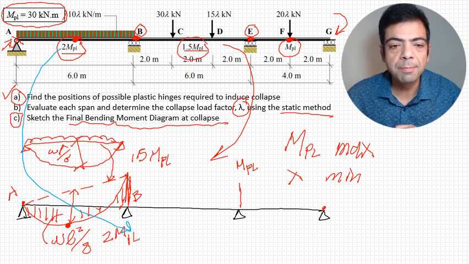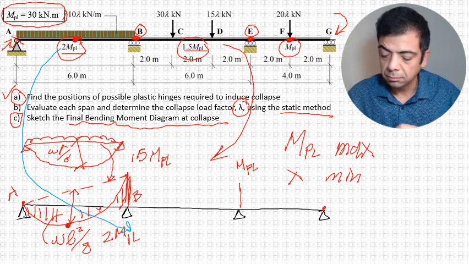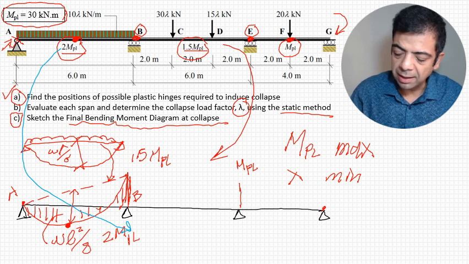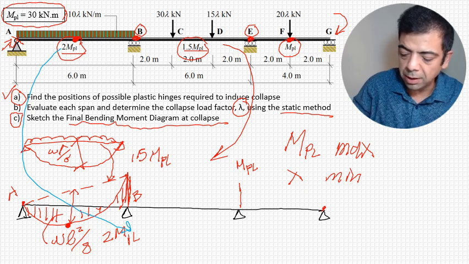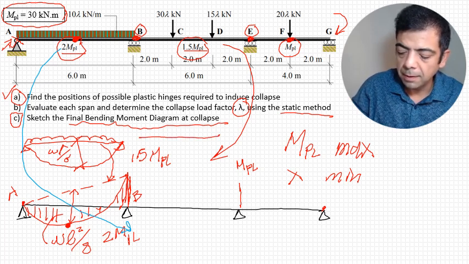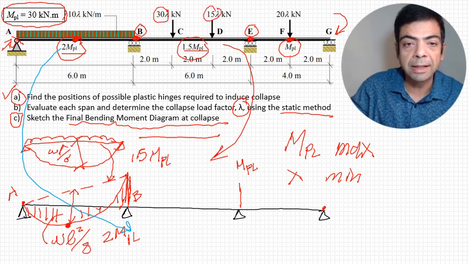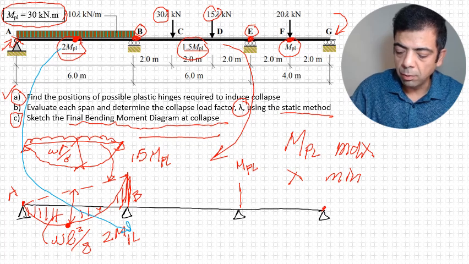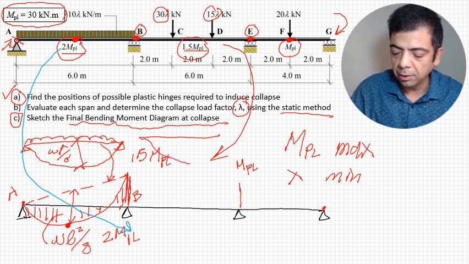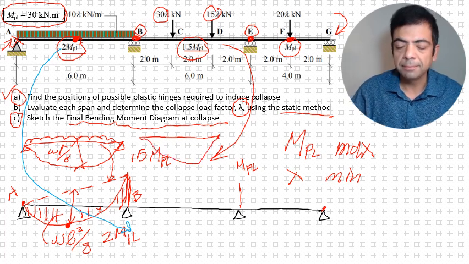What's the shape of the bending moment between B and E? Well, let's do the same exercise. If it was simply supported, the point load here is bigger than the one on the right. So I will have a shape that looks probably something like that.